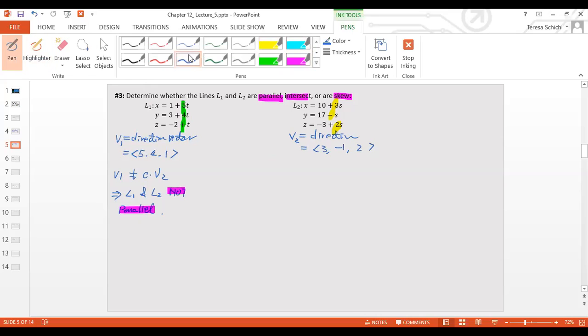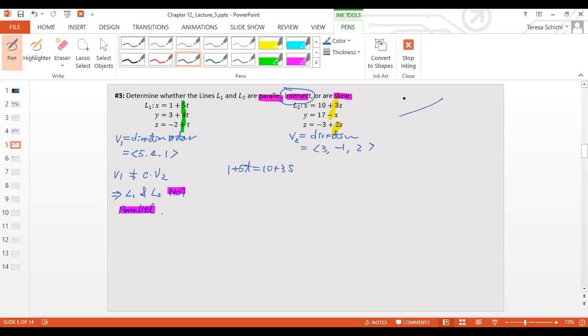Next, we want to see whether they intersect or not. What do we mean by intersect? Just like in geometry, we say line 1 equals line 2, meaning x needs to equal x, and y equal y. So 1 plus 5t has to equal 10 plus 3s.